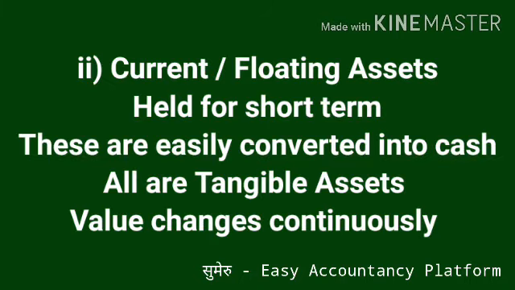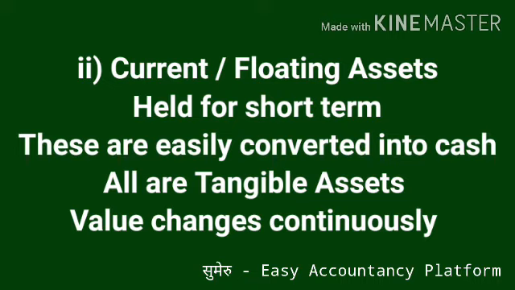Now we are going to see the second one, that is current assets, or we can call floating assets. The nature of these assets changes from time to time. These assets are held in the business for a short period.